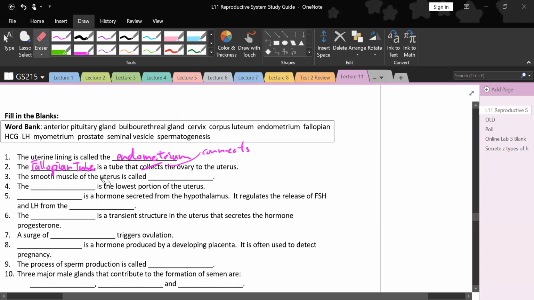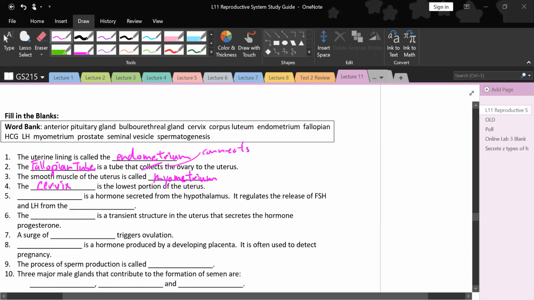The muscle of the uterus is smooth muscle, which means we don't have voluntary control over it. That is called the myometrium. The lowest portion of the uterus is called the cervix.